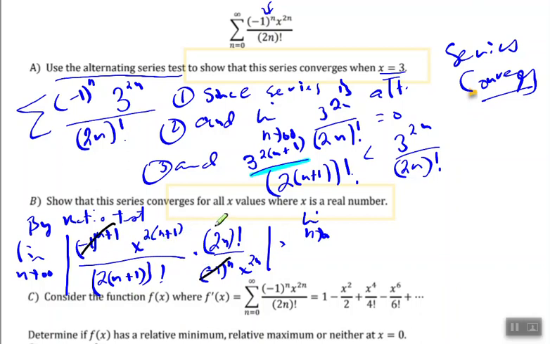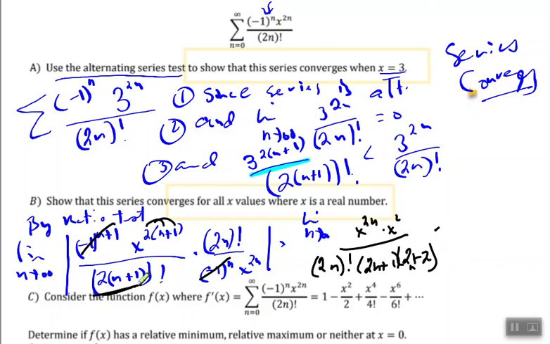So we need to focus on rewriting this. So it's 2n plus 2. So that's going to be x to the 2n times x squared over 2n plus 2 factorial, which means it's 2n factorial times 2n plus 1 times 2n plus 2.